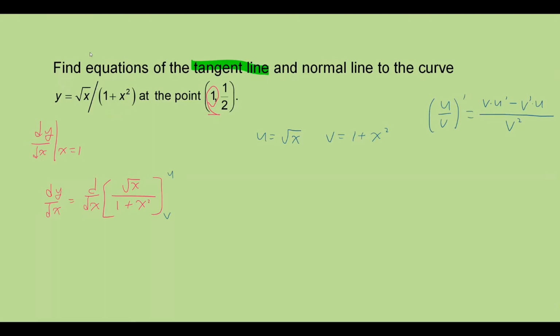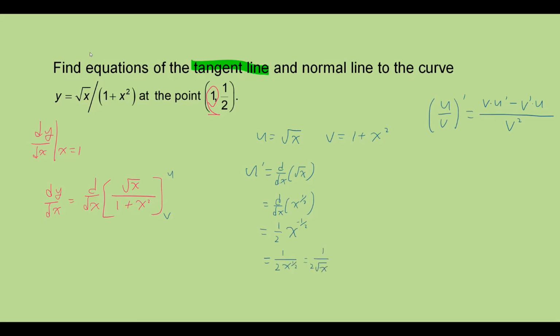So let's go ahead and find u prime and v prime. u prime is going to be the derivative of the square root of x, which is the derivative of x to the power of 1/2, and that is 1/2 times x to the power of negative 1/2, or 1 over 2 times x to the power of 1/2, or 1 over 2 square root of x.